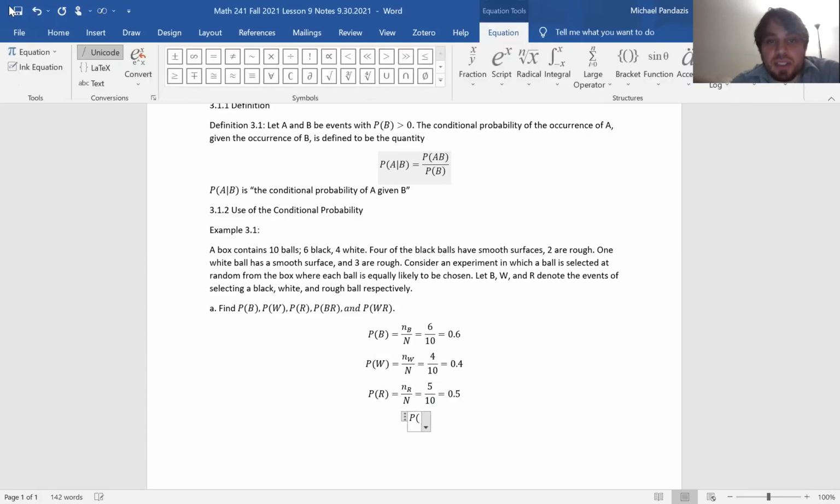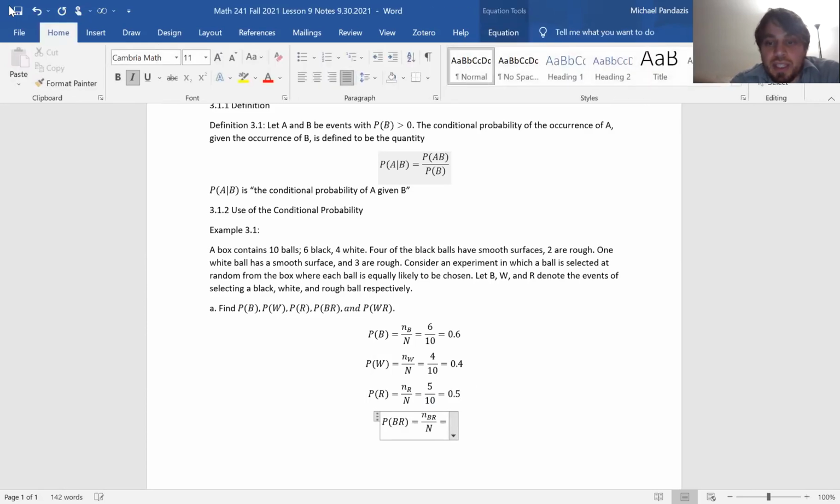The probability of selecting a black rough ball is the number of black rough balls divided by the total number of balls. 4 of the black balls have smooth surfaces and 2 are rough, so there are 2 black rough balls divided by 10, and that's 0.2.